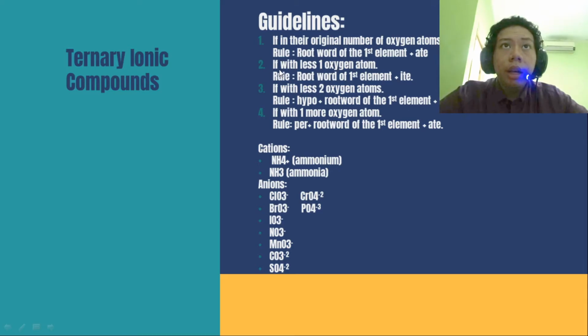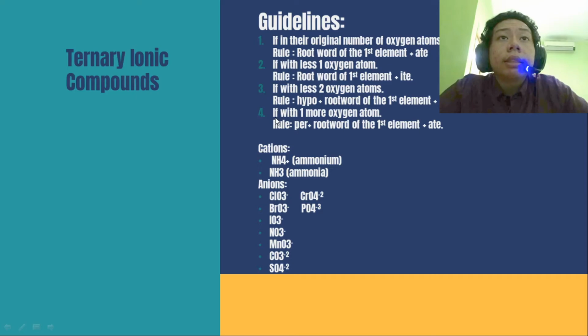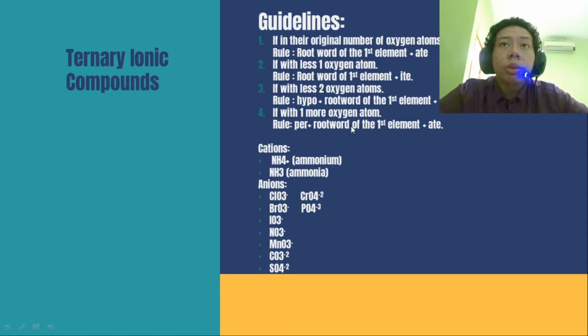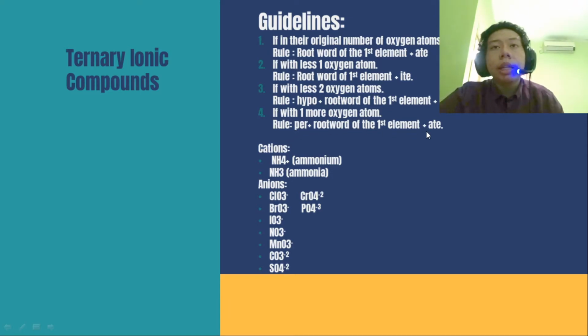Second is if with less 1 oxygen atom, the rule is root word of first element plus ITE. Third one is if with less 2 oxygen atoms, the rule is hypo plus root word of the first element plus ITE. The last guideline is if with 1 more oxygen atom, the rule is per plus root word of the first element plus ATE.